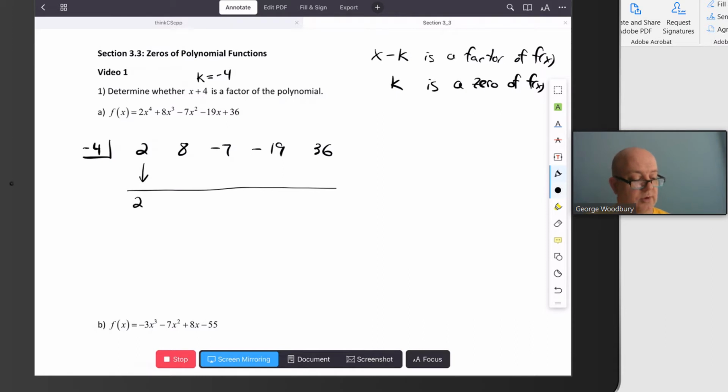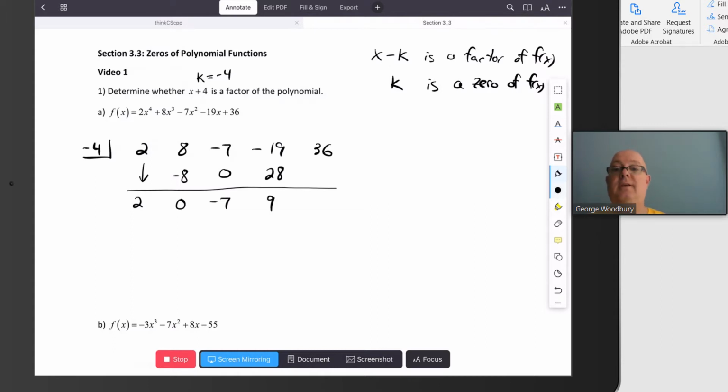Bring down the 2. -4 times 2 is -8. 8 plus -8 is 0. -4 times 0 is 0. Add that column. -7 plus 0 is -7. -4 times -7 is positive 28. -19 plus 28, that's a positive 9.